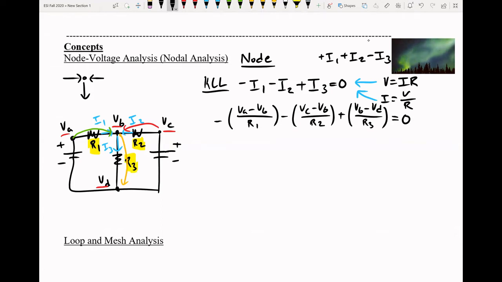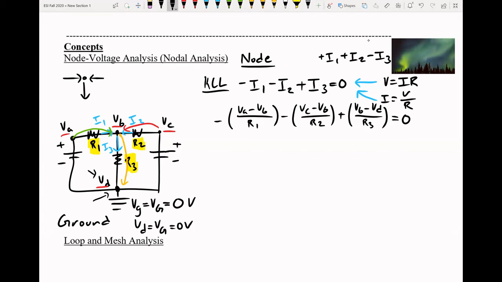Okay, so something that we need to know to do a nodal analysis, though, is we need something called a reference point, and this comes in the form of a ground. We call that V of G, or V of capital G. And what that means for us is that there are 0 volts there. Ground means that there's 0 volts. And we'll notice that our point V of D is the same point as V of G. So here, V of D is equal to V of ground, which is 0 volts.